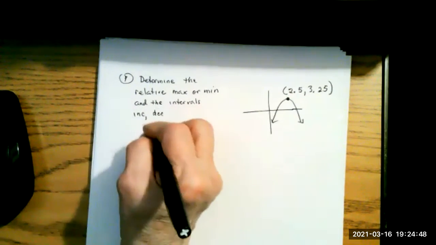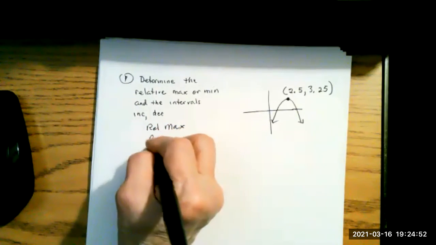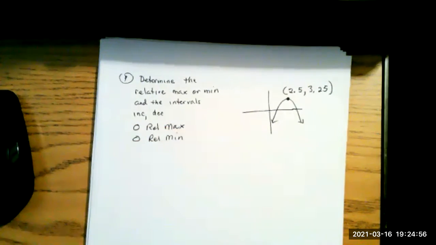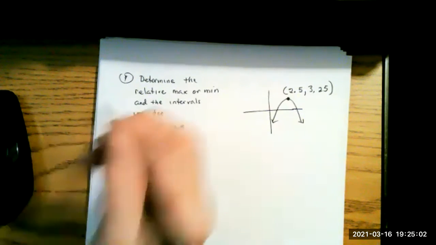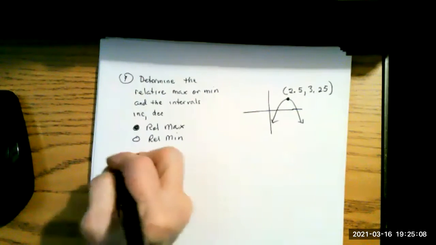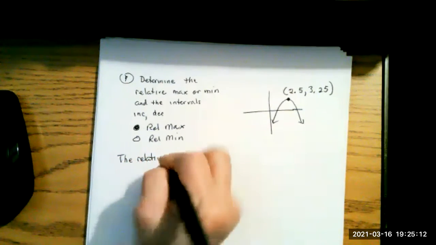Then they have these two little things that says relative max, relative min, and you're supposed to decide which one it is. So which one is it? A relative max. It's at the top, so it's a relative max. Then it says the relative maximum.